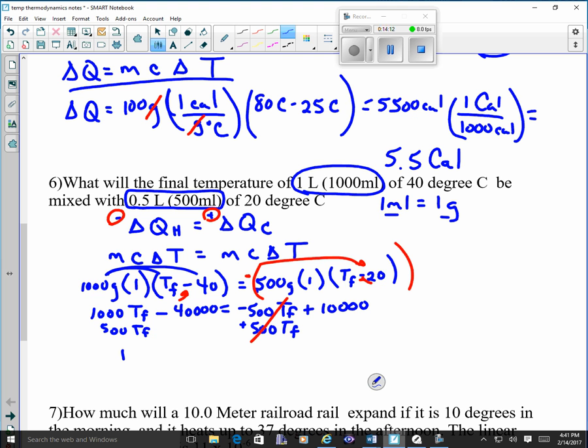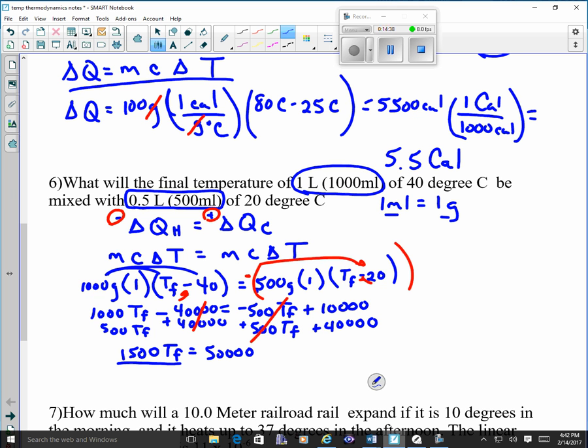And so I got 1,500 TF equals, now I'm going to get this 40,000 to the other side, so I'm going to add 40,000 on this side. Well, that cancels out to 0. And I'm going to add 40,000 over here. So whatever you do to one side, you got to do the other. So that now adds up to 50,000.